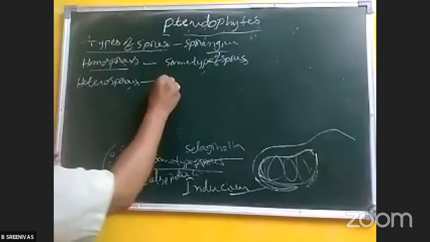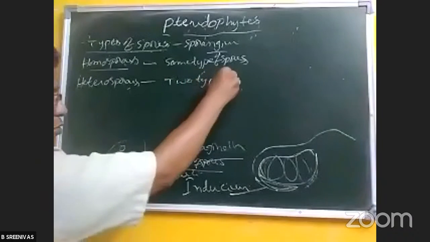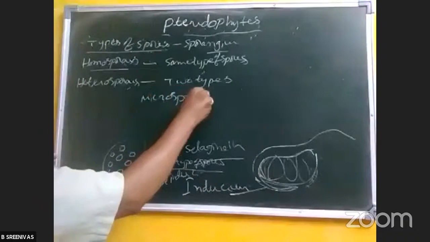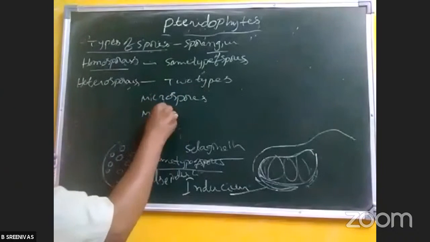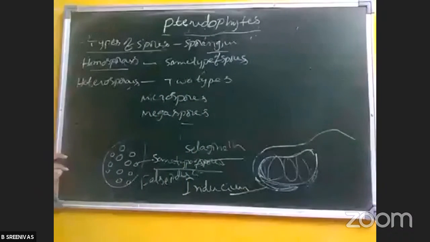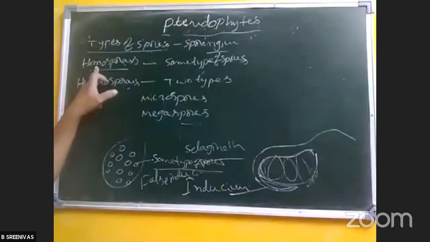In heterosporous plants, two different types of spores are produced. What are they? Microspores and megaspores. Two types of spores are present here, whereas here only one type of spore is present.